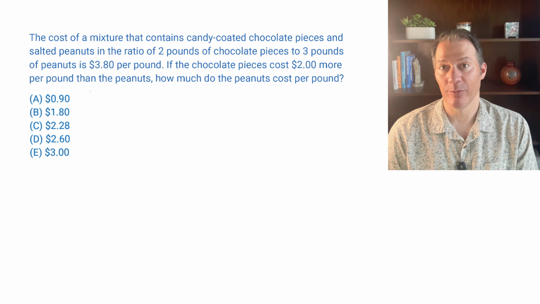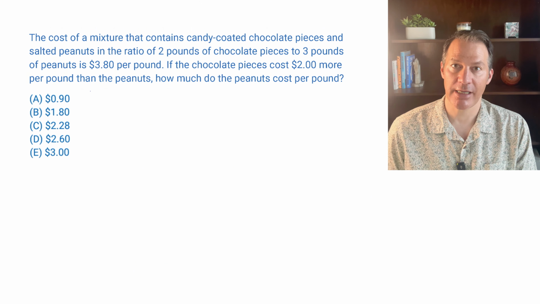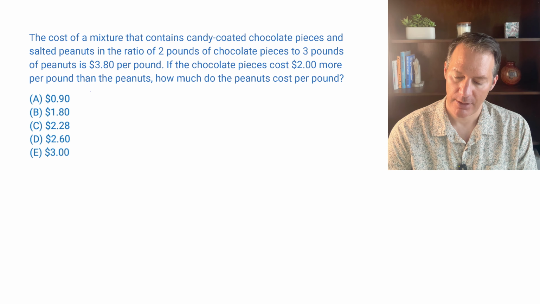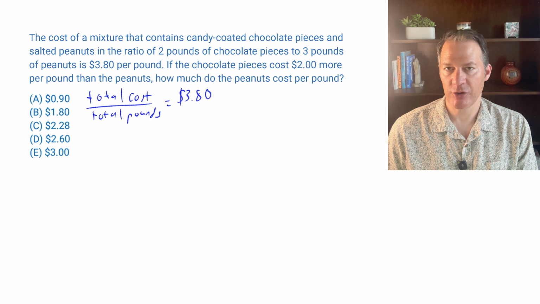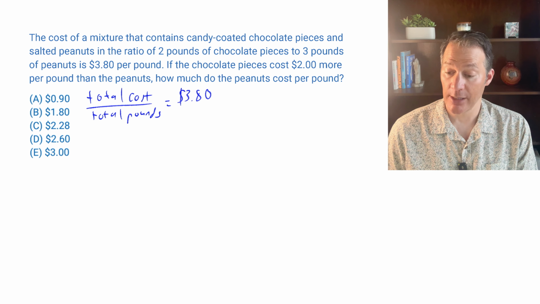So to use the average formula here, we need totals over totals, in this case, total cost over total pounds. So we'll write that down. And that's going to be equal to the average, which is $3.80 per pound. And since we have that ratio of 2 pounds to 3 pounds, let's just make our lives easy and pick 2 pounds and 3 pounds, right?